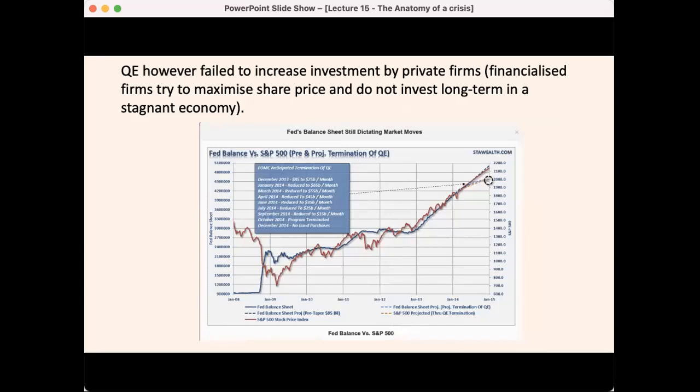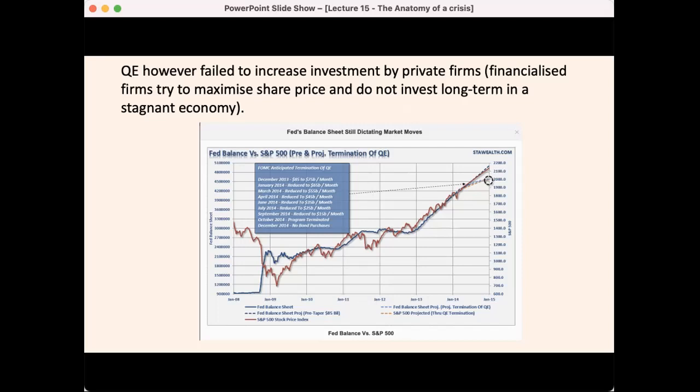And I mean, this is not causal, you can't say this is causal, but what you could do is have a look at the two curves, which is the size of the balance sheet versus the S&P 500. So the Fed balance sheet's the blue line, the S&P 500 is the red line. And they're rather close, aren't they?